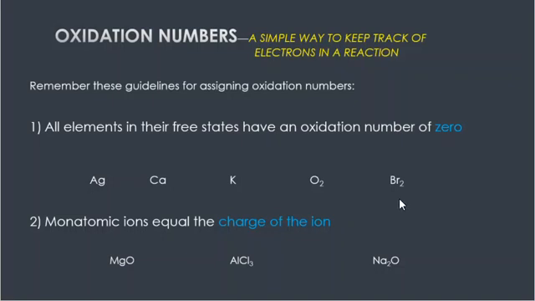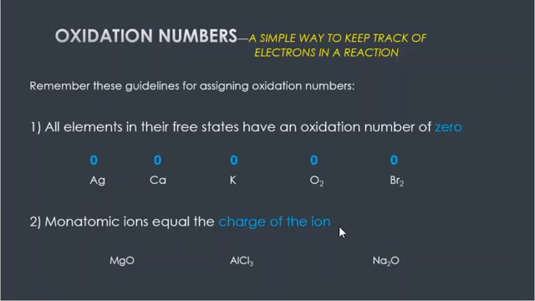The examples below show you silver, calcium, potassium, oxygen, and bromine, the last two of which are diatomic molecules that exist as double atoms in nature. Okay, so all of these examples, when they are present in a reaction, all have an oxidation state of 0.